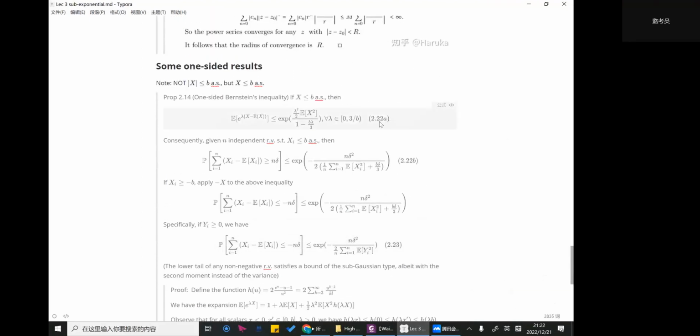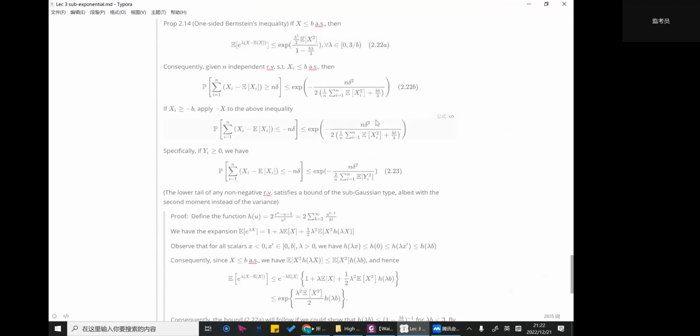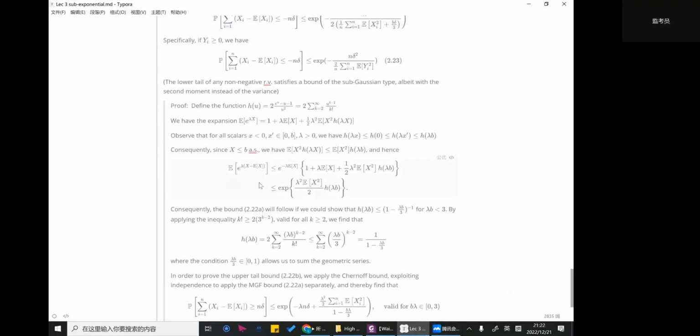So to prove 2.22a, to calculate this term, they also want to incorporate, let me see, there is the inequality to write: since x is less than b, we have this, and hence this is less than this.